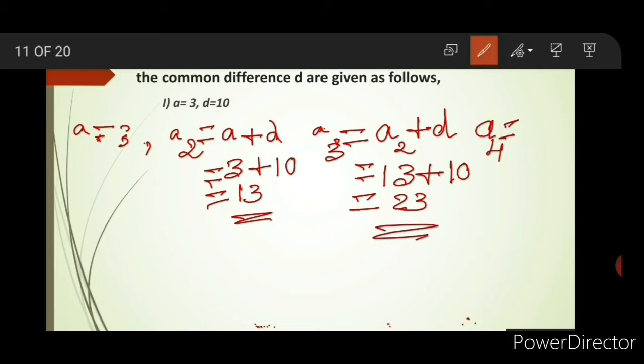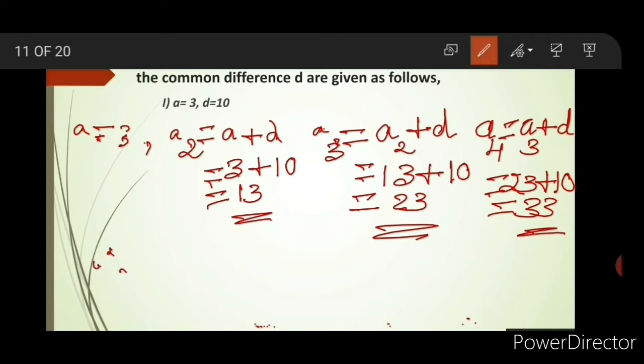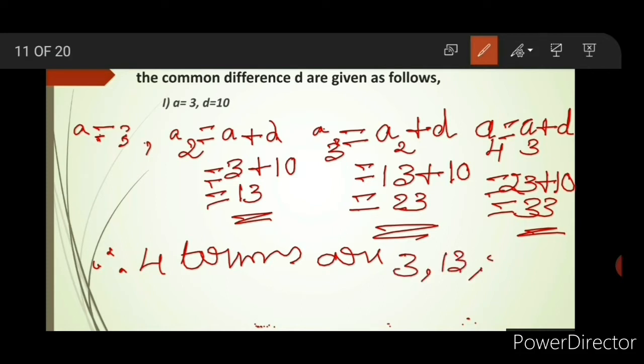A4 is equal to its previous term A3 plus common difference D, that's 23 plus 10 is equal to 33. Therefore, four terms of the given AP are first term 3, second term 13, third term 23 and fourth term 33.